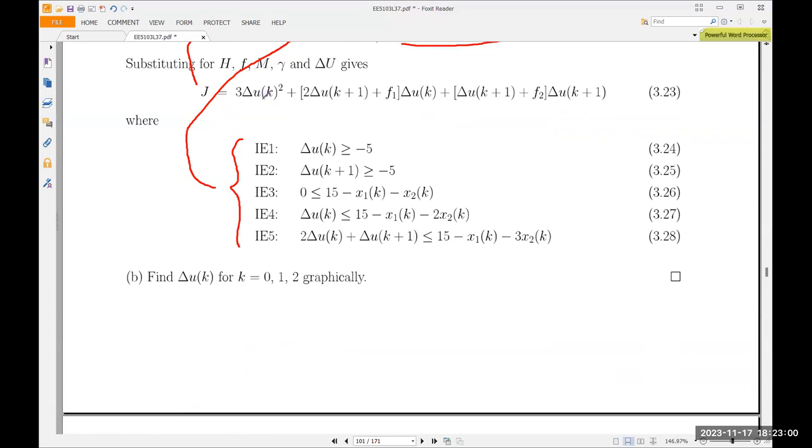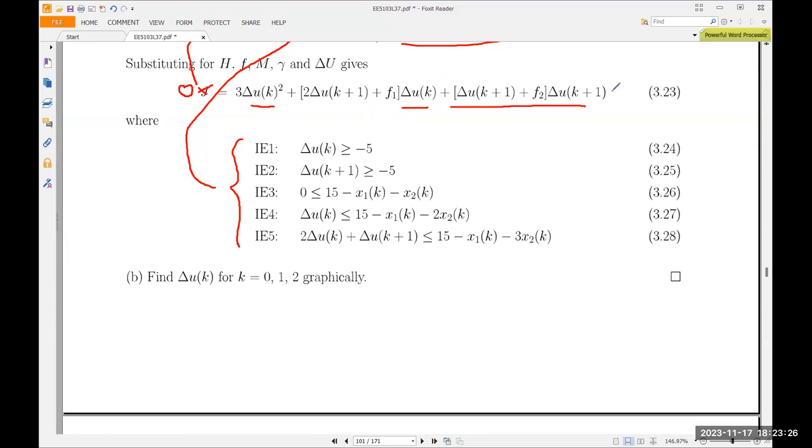So this is a quadratic in delta UK. There's a square here, to the power of 2. Then this is a constant term. All right. So put this equal to 0.